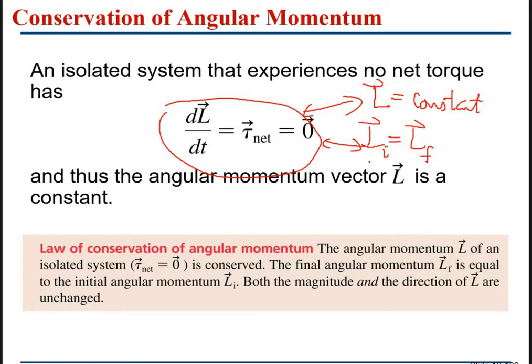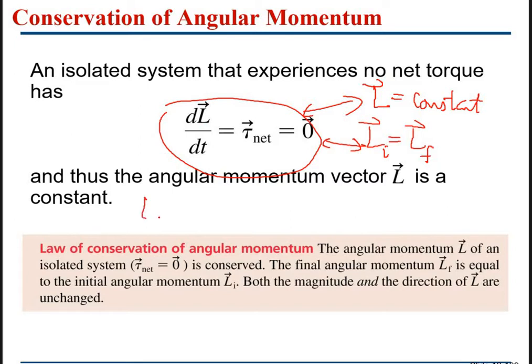Now, you might have seen ice skaters, right? When they rotate, they bring their hands closer, or they change the shape of their body, to change their angular speed. And this is basically the principle that they use.